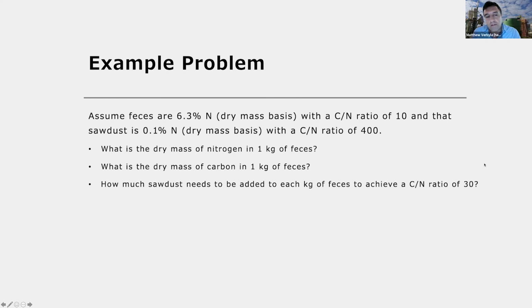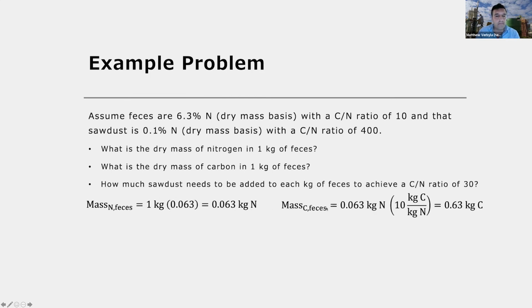All right, so to approach this problem, we're going to start by calculating the mass of nitrogen on a dry mass basis in 1 kilogram dry mass of feces. We do that by multiplying 0.063, which is 6.3%, by 1 kilogram, which gives us 0.063 kilograms of nitrogen.